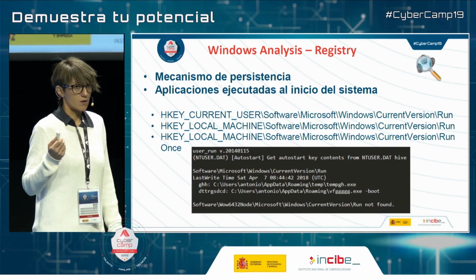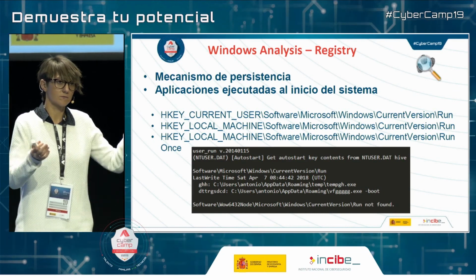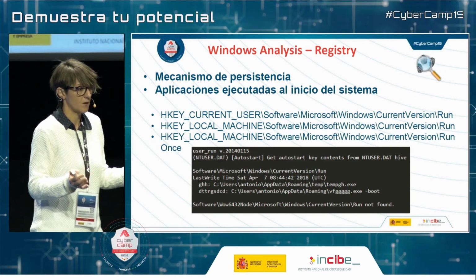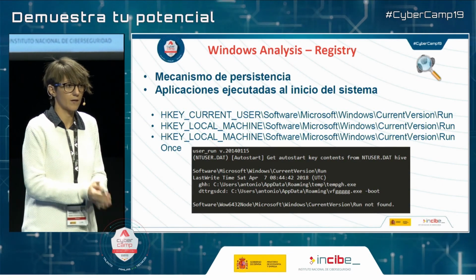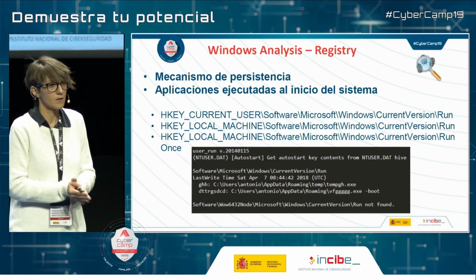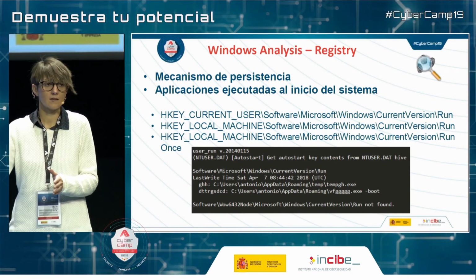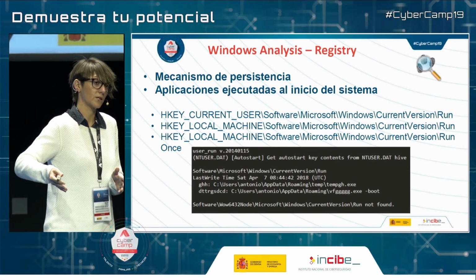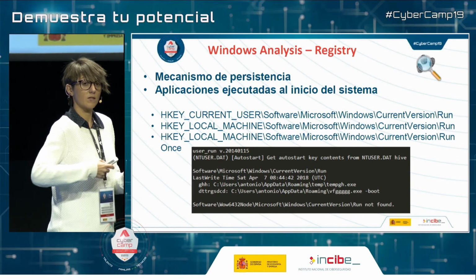So what do we look for in our registry? Malware is usually hidden in three main places within the system. One is the registry. That means that it stays in the system, so that when the machine is rebooted, the malware will be executed automatically.